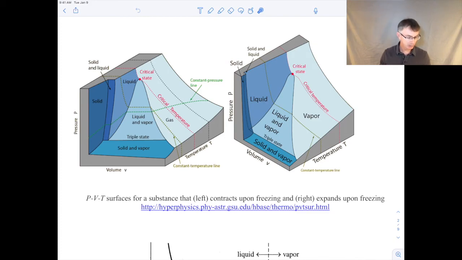We're going to be focusing in this course on pure substances, which means that there are no chemical reactions occurring in the substances. We'll also focus on simple compressible systems, which means that any two independent properties can uniquely identify the state. You could use, for example, pressure and temperature to identify the state of the system, or temperature and specific volume. Any two independent properties can specify the state in general.